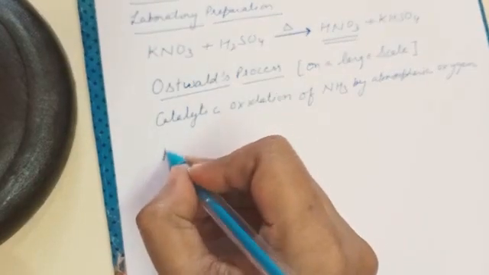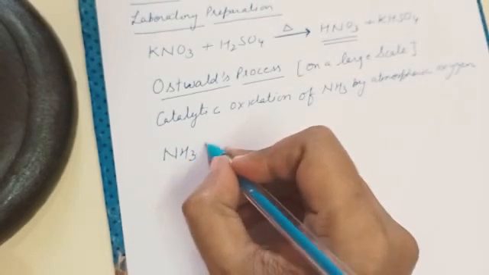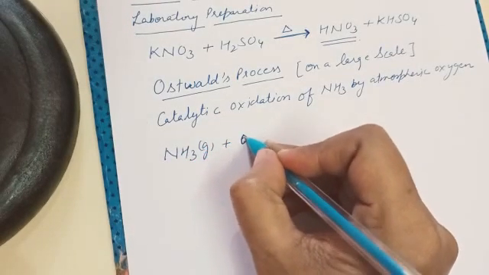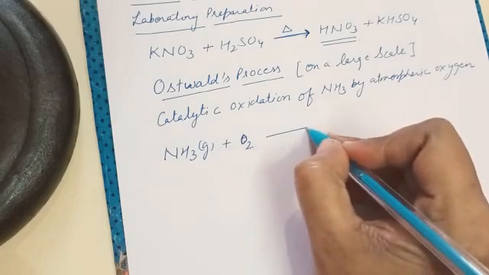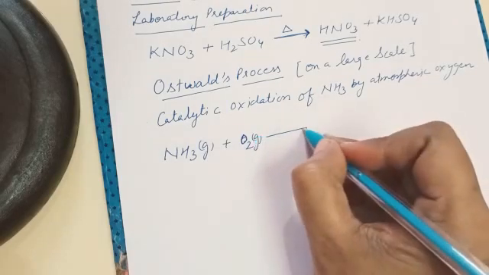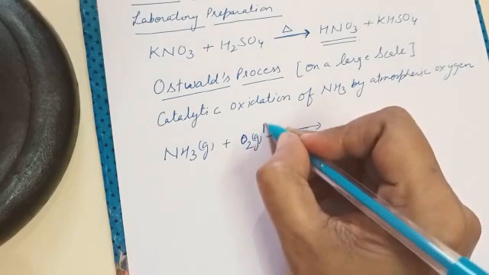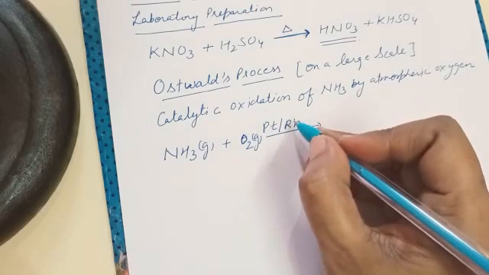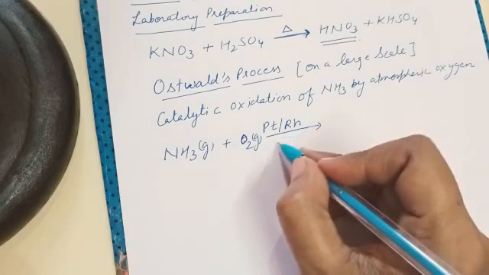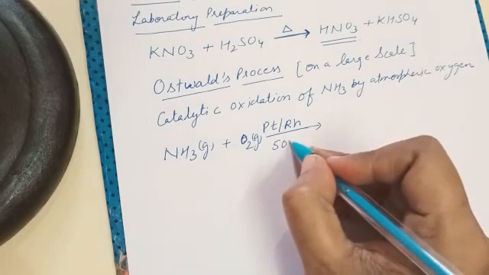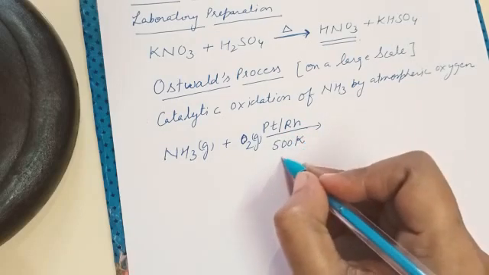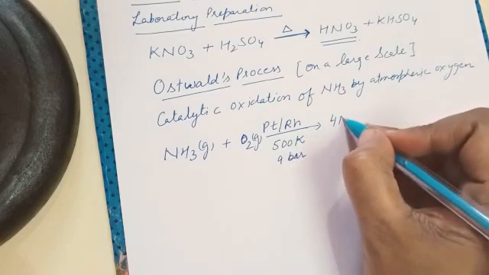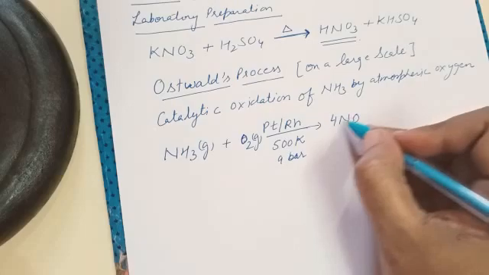In this reaction, first ammonia gas will react with oxygen gas in the presence of platinum or rhodium. That symbol is Rh, and at 500 Kelvin temperature and 9 bar pressure, it will form 4NO.